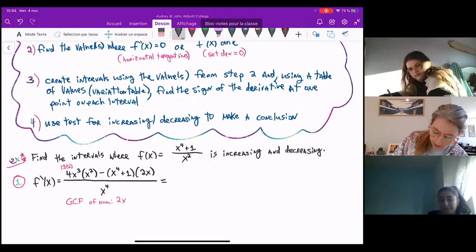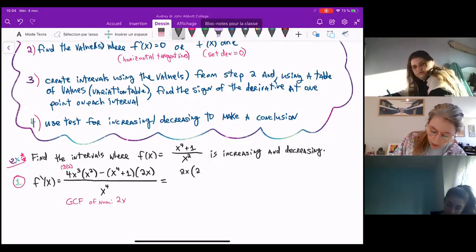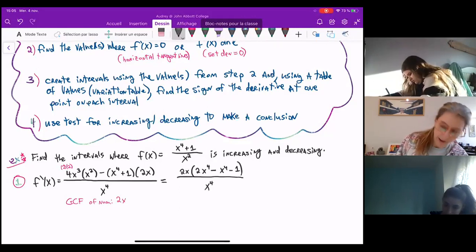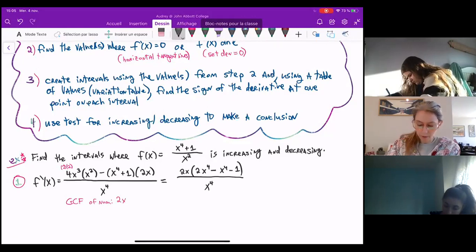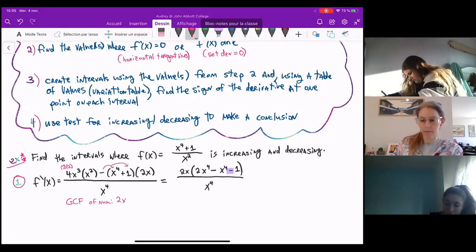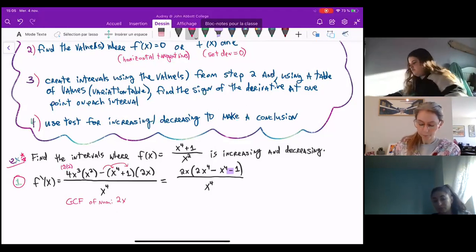So I'm gonna factor that out, and that's gonna give me 2x times 2x to the fourth minus x to the fourth minus 1, all over x to the fourth. And so be careful about this minus sign. It kind of got distributed inside of that x to the fourth plus 1 there.